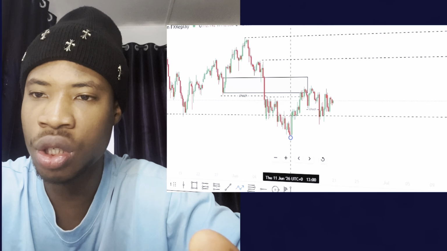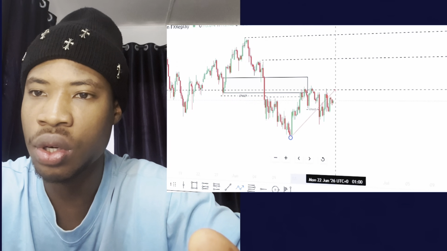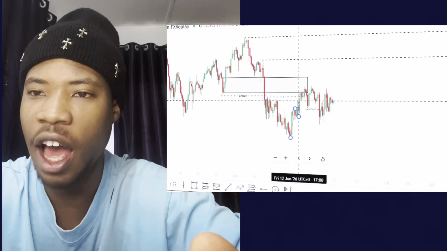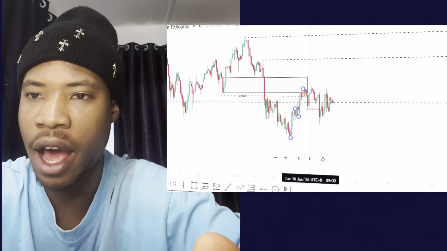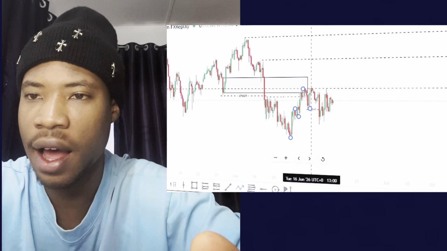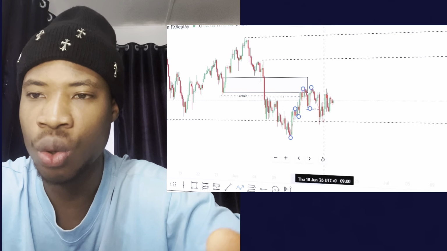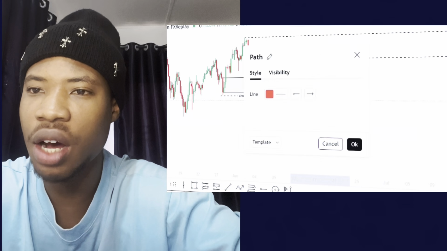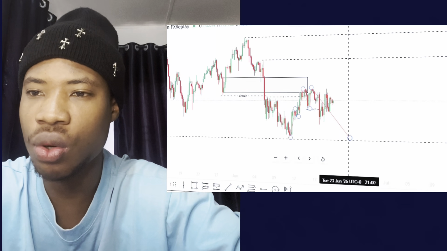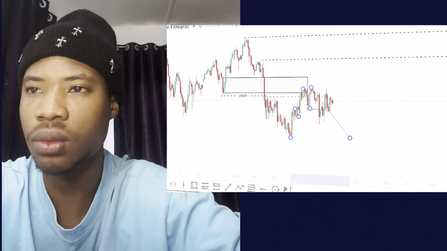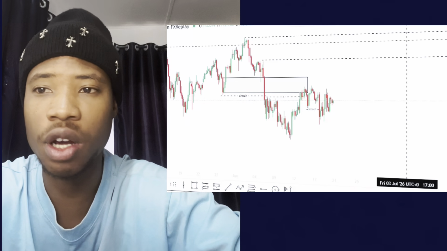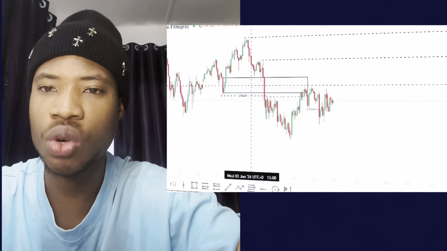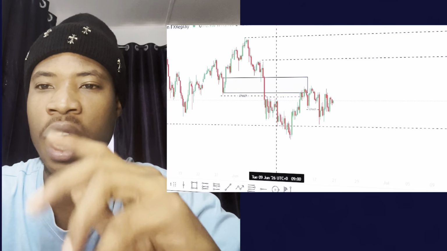The counter trend was pushing with a high here, a low here, a high, a higher low, a higher high, and what happened? A lower low. So as you can see, the counter trend and the major trend are also bearish.